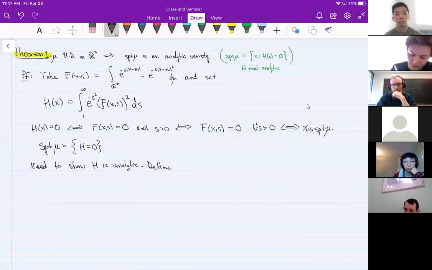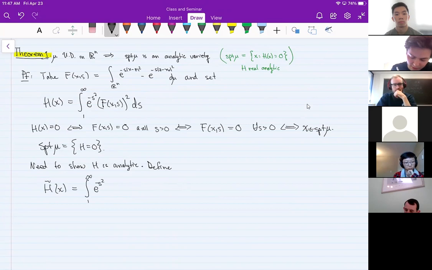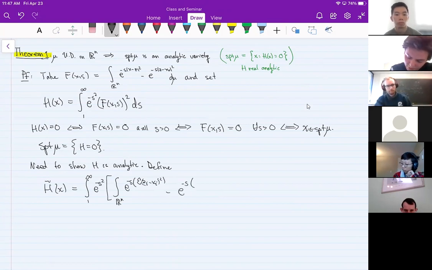What we can do is define h tilde of x to be a similar sort of thing, this integral, integrating over Rn e to the minus s, zi minus xi, 0 i.